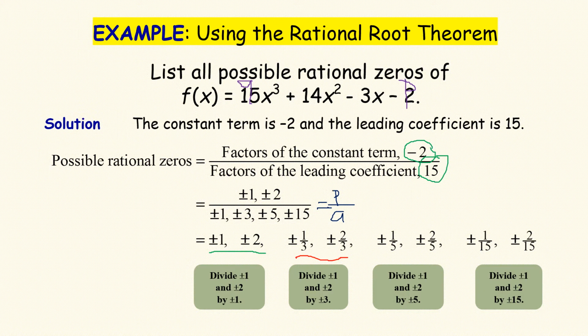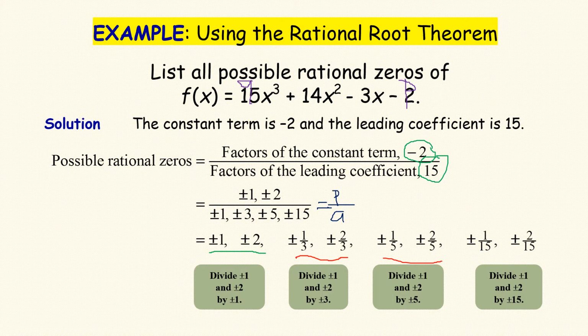Next, dun tayo sa ating denominator na positive and negative 15. So, kapag dinivide natin yung numerator natin sa ating positive and negative 5, ang makukuha daw natin ay positive and negative 1/5 and positive and negative 2/5.